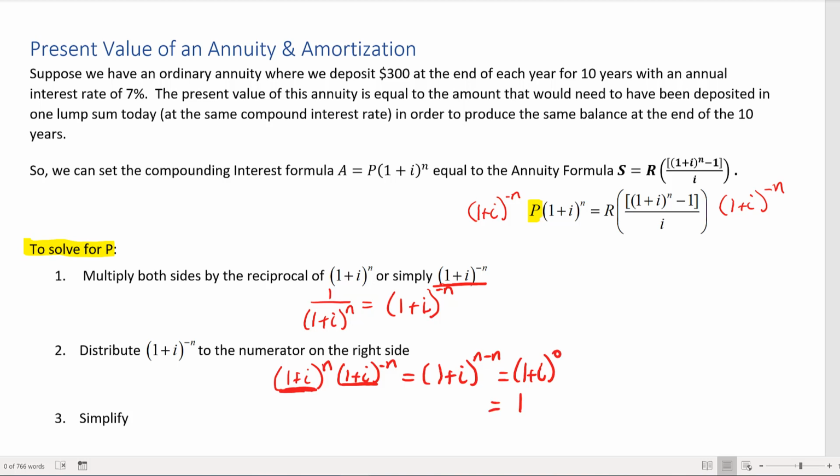So it basically undoes itself. The (1 + i)^-n and the (1 + i)^n divide out nicely, and you're just left with P. And that's what we were hoping would happen. So we have P equals R, and I'm going to put the (1 + i)^-n right here, then the big parentheses with all of the other stuff in there as well.